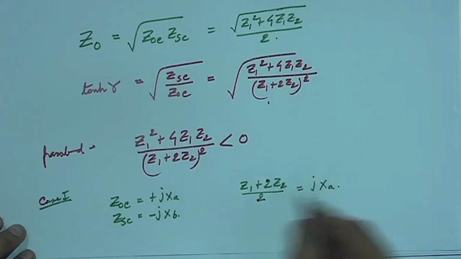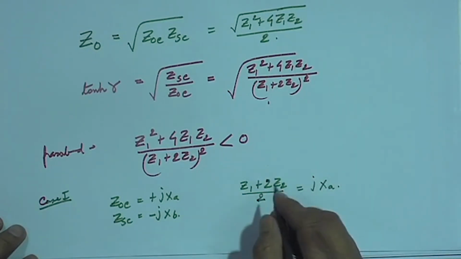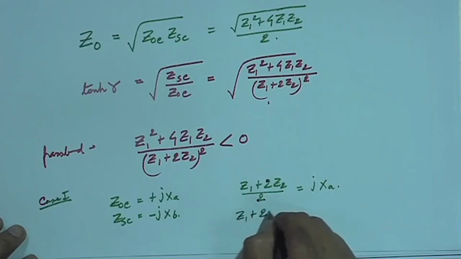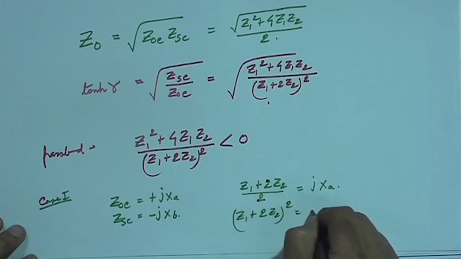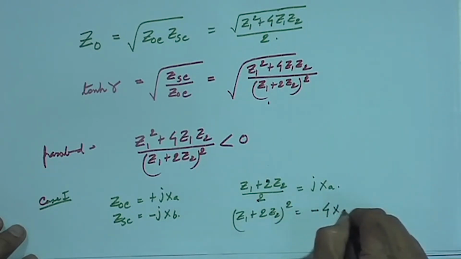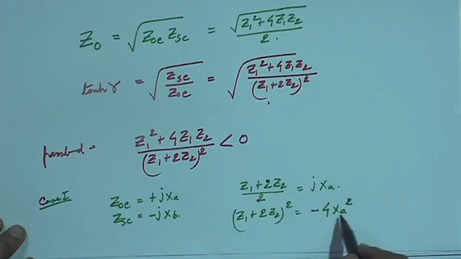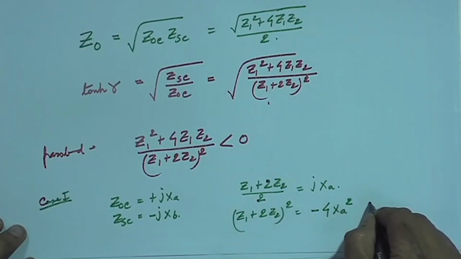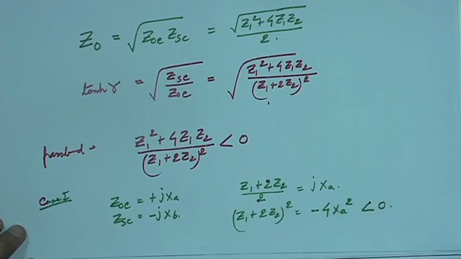It becomes JXA, and (Z1 plus 2Z2) whole square becomes minus 4x square. We know XA is a positive real number, so (Z1 plus 2Z2) square is less than 0.